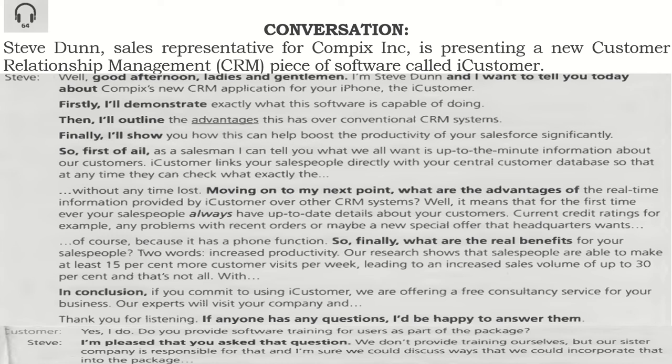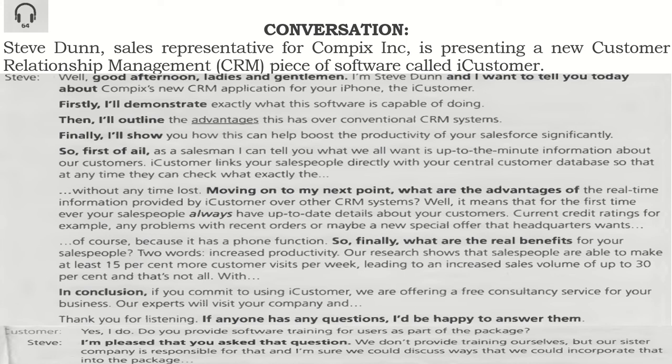So, first of all, as a salesman, I can tell you what we all want is up-to-the-minute information about our customer. iCustomer links your salespeople directly with your central customer database so that at any time they can check what exactly has been done without any time lost. Moving on to my next point.